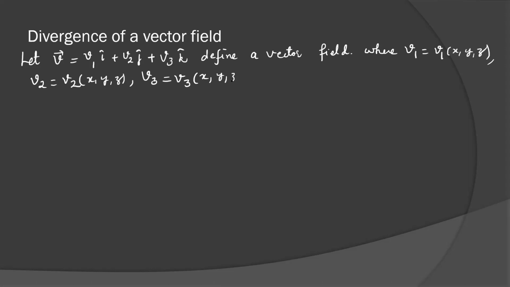Separately, V1, V2, V3 are scalar fields. But when you write in the form of i, j, k, or in the form of vector V, it becomes a vector field V. So V is a vector field here.